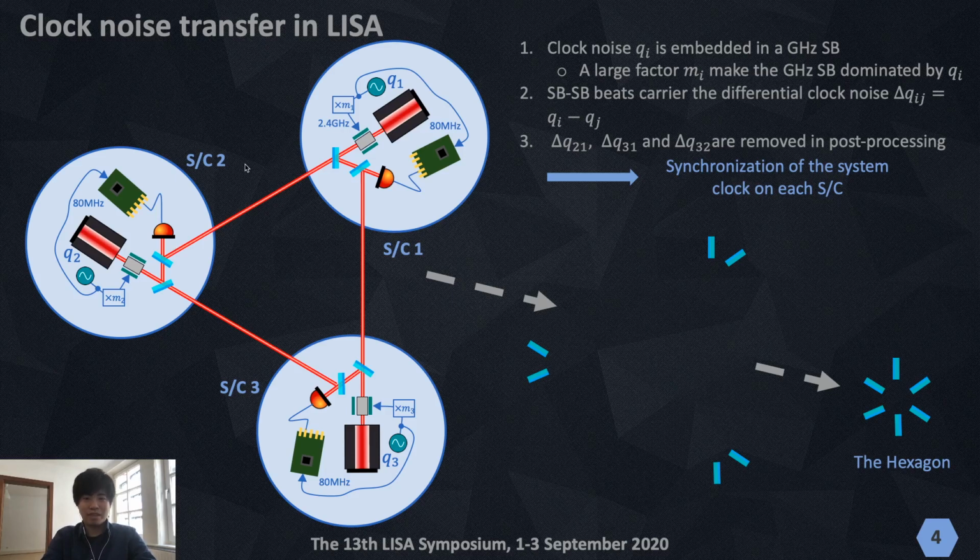These sideband beat notes have the information of differential clock noise, and in post-processing we can remove it. And removal of differential clock noise means the synchronization of the system clock. And if you take a careful look at this schematic, maybe you find a hexagonal shape like this.